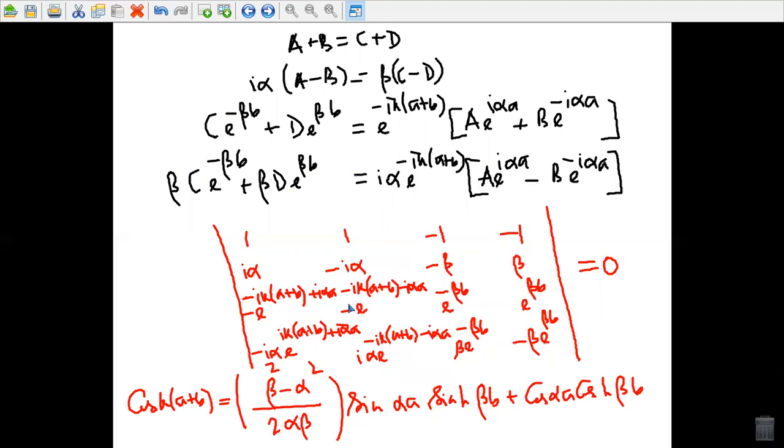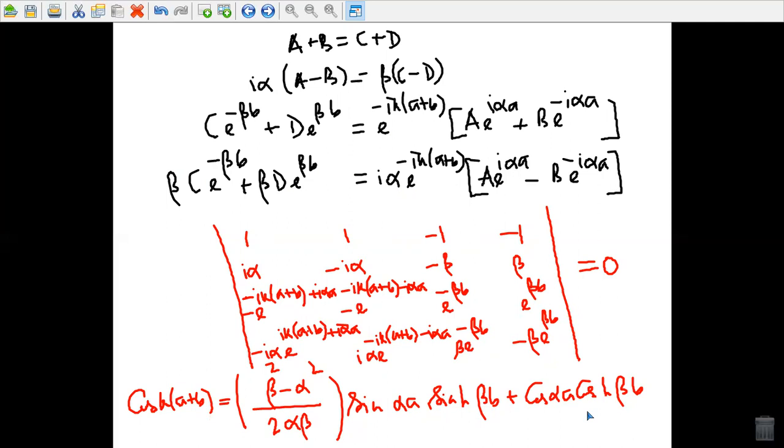On simplifying the determinant, we obtain cos k(a plus b) equals (beta square minus alpha square) divided by 2 alpha beta times sin alpha a sinh beta b plus cos alpha a cosh beta b.